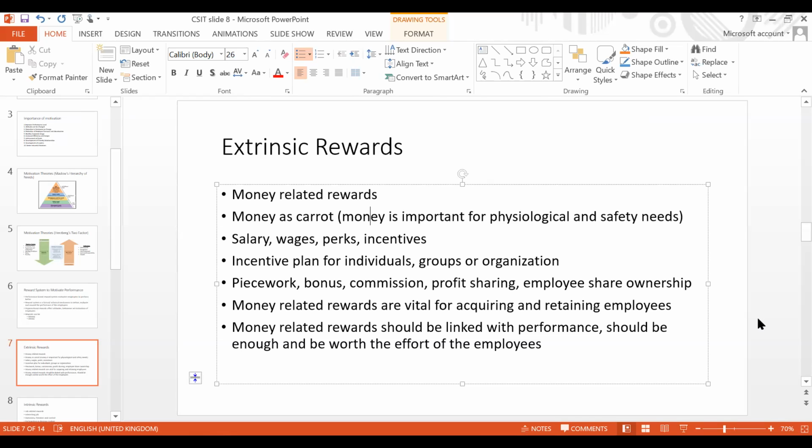So you have to have very good incentive plan for your organization. So incentive plan for individuals, incentive of group ma काम गरेको छ भने group लाई नै reward गर्ने, individual लाई reward गर्ने देखि लिएर, if you have multiple units, multiple businesses, then organization level मा reward गर्नेहरु पनि हुन्छ.